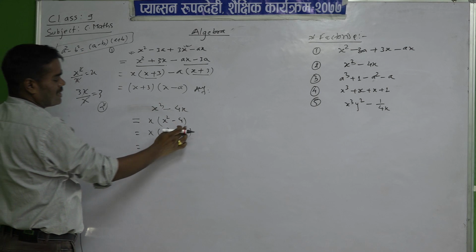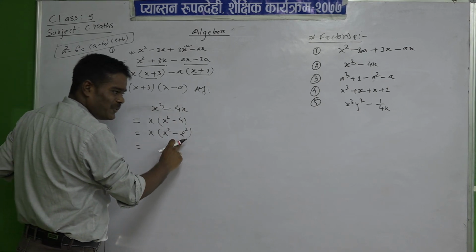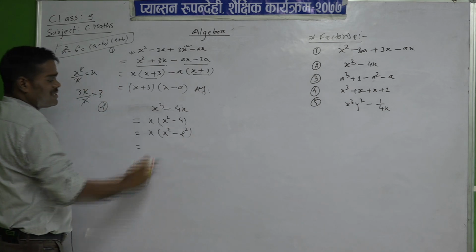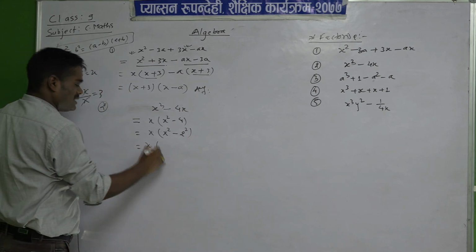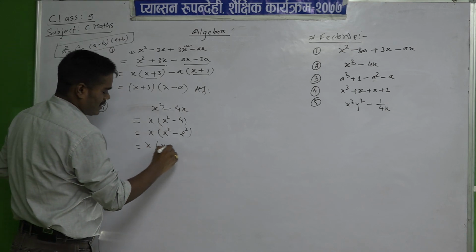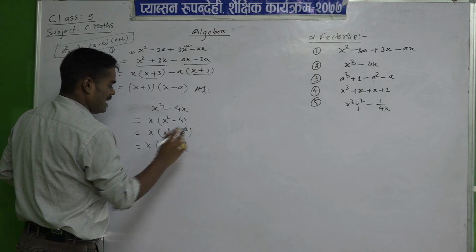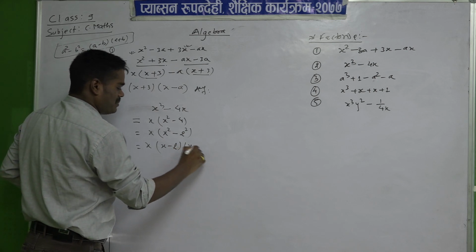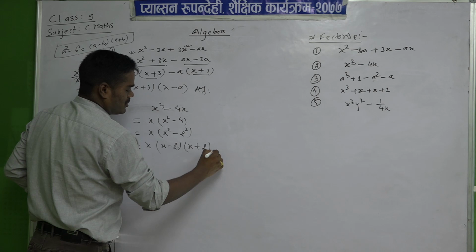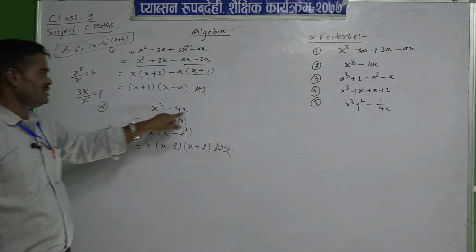This is also a square, and the base is b, which is 2, so b means 2. So a minus b is x minus 2, and a plus b is x plus 2. These are the factors of x cube minus 4x, along with x.